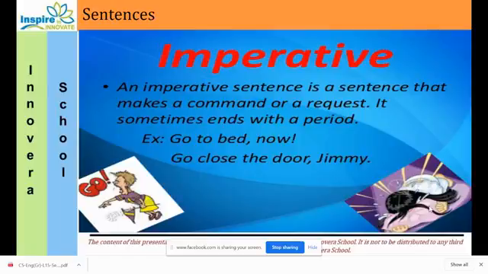So whenever you are writing or speaking such a sentence, it comes under imperative sentence. Fine. So an imperative sentence will begin with a capital letter and end mostly with a full stop. Sometimes, of course, depending upon that sentence, it will go in exclamation also. Okay.